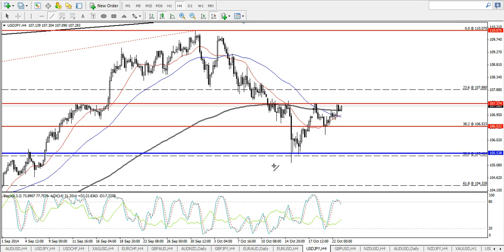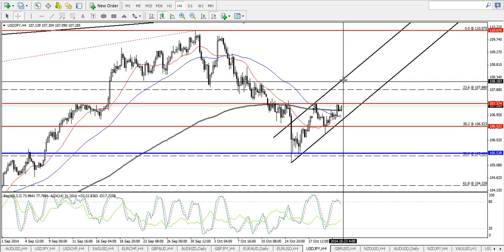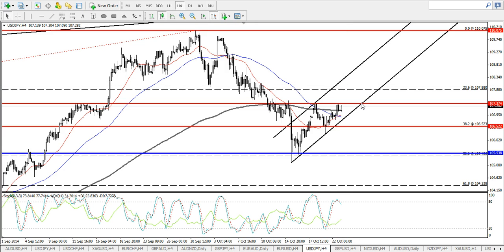Alternatively, we can even try to plot to see if there's any probable formation over here, like maybe a probable rising trend channel. So if price breaks above, hits the top, comes down and hits the bottom of the probable rising trend channel, then that might be a chance for a long trade. Alright, so that's for the dollar against the yen.